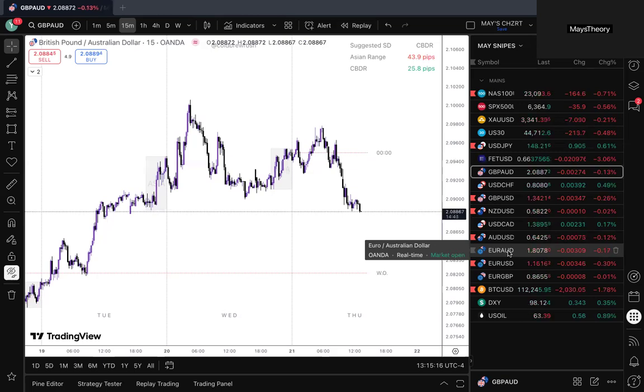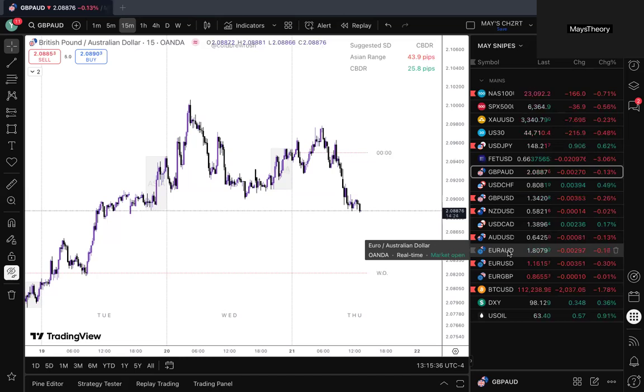And it's the same thing, right? If I'm going to understand GBP AUD, I need to understand what Euro AUD is doing. I need to understand what AUD USD is doing. If I have a good understanding of that, that can shape what I want to see in terms of this pair, right?